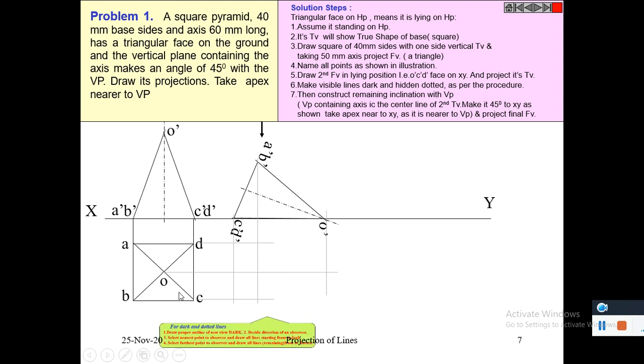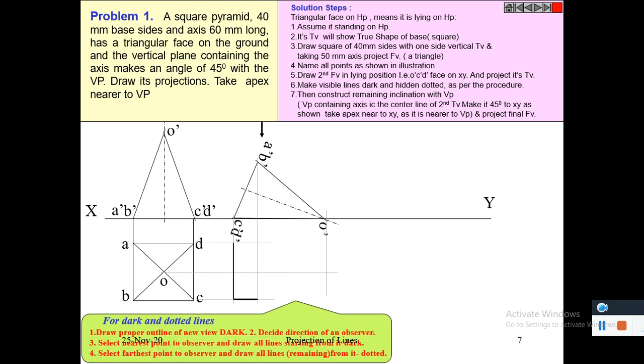So the combination of lines gives a clear image of the solid.